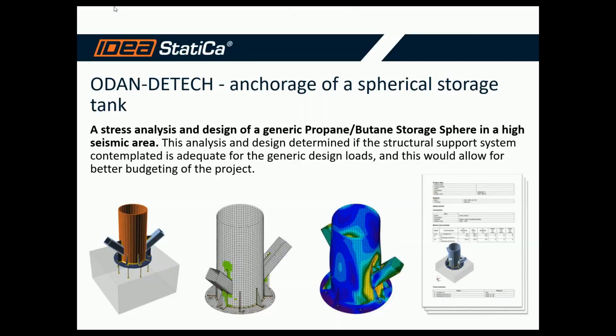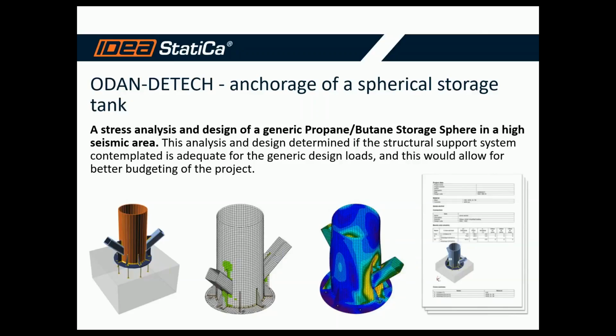And this was all designed in a seismic area, so quite complicated project. And so they took advantage of our software, using it there. So let's take a look. How did they do it step by step in IDEA Statica?